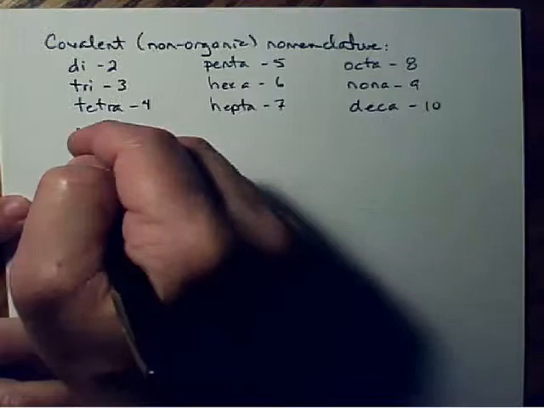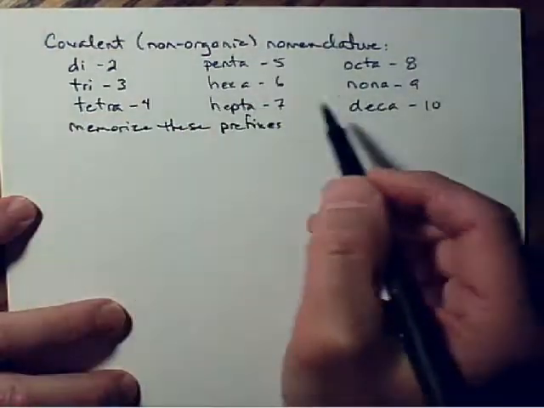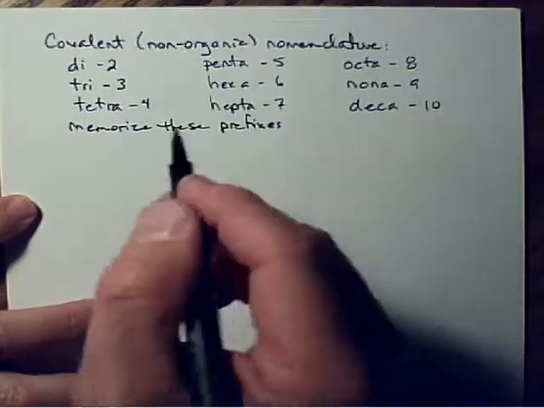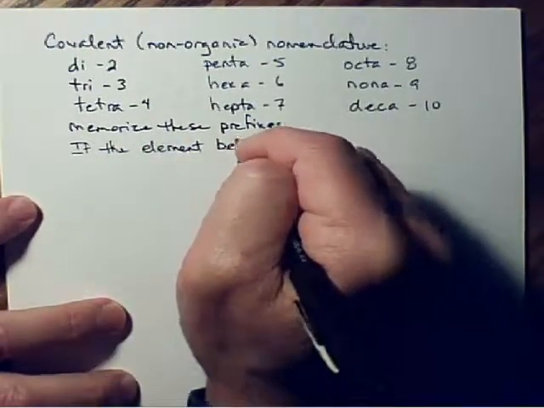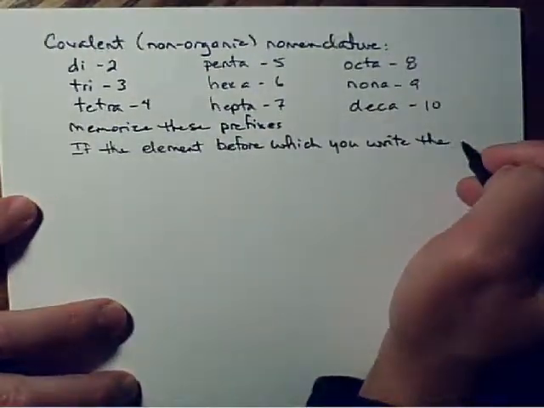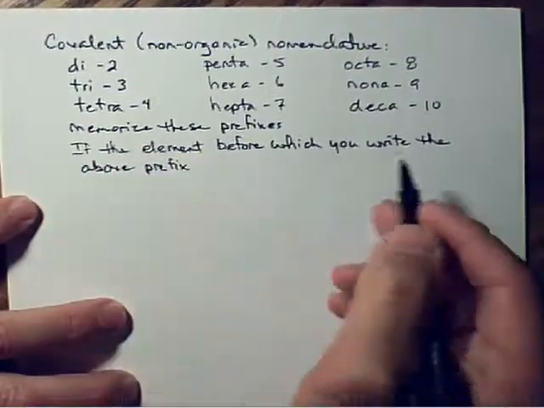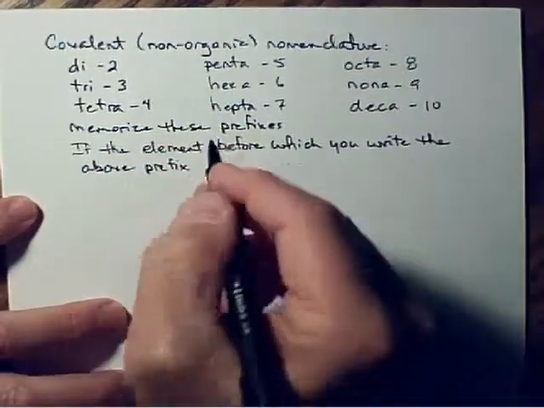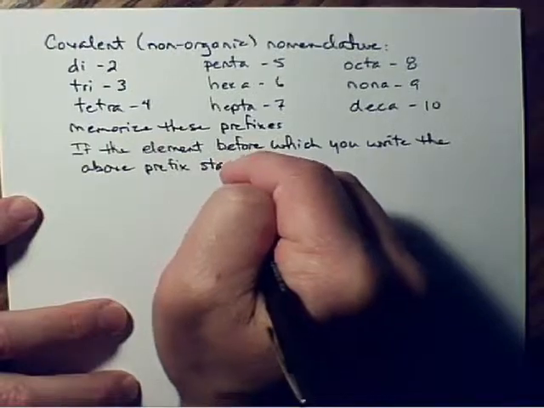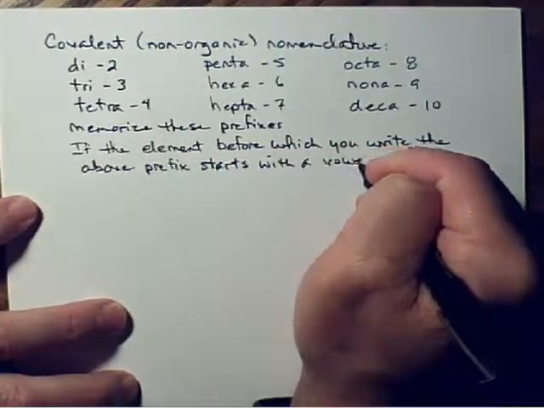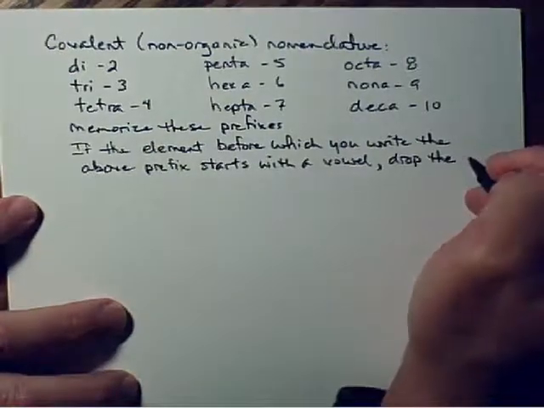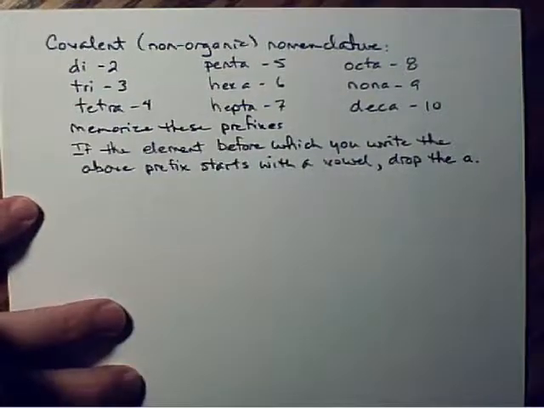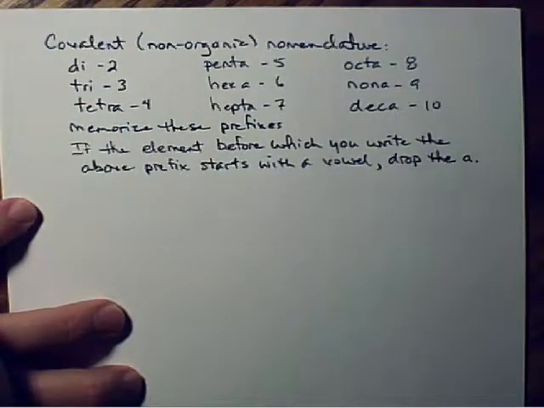So you need to memorize these. There's one little trick to this. If the element before which you write this prefix starts with a vowel, you drop the A. You don't drop the I's, but you drop the A's.